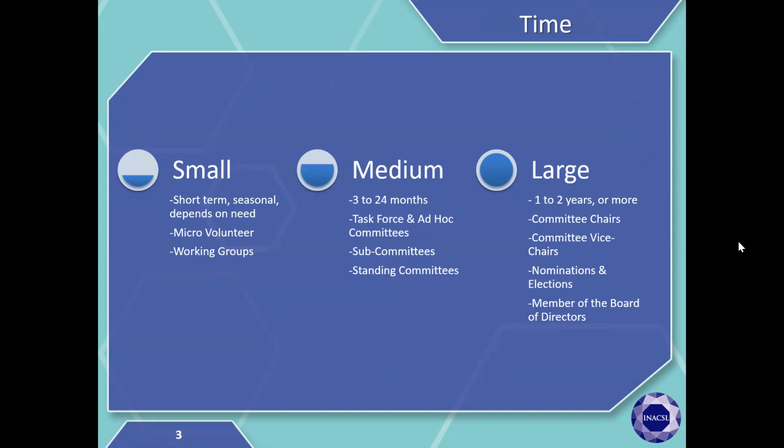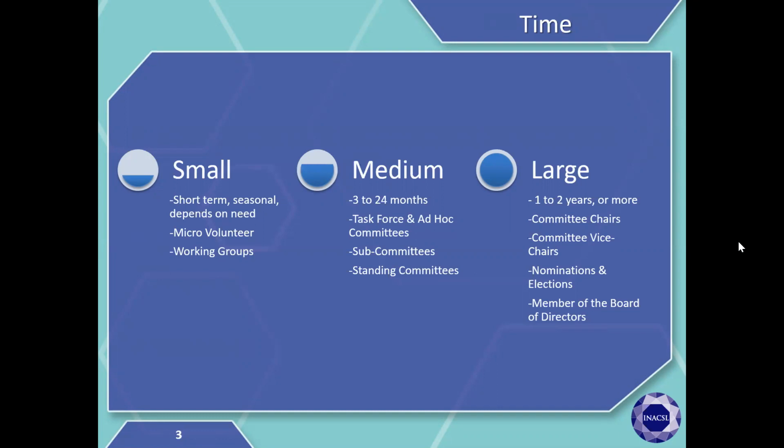We would do a call out to the membership if there was a need for a short-term volunteer opportunity. We call these micro-volunteer opportunities, and then there are also working groups, which may work on specific projects under a specific committee, but they need more people than just committee members to work on that. Those are the different types of things you would see under the short-term opportunities.